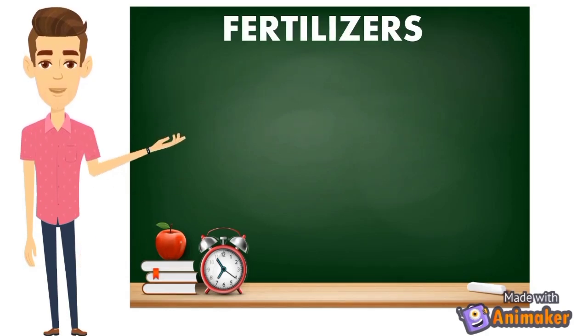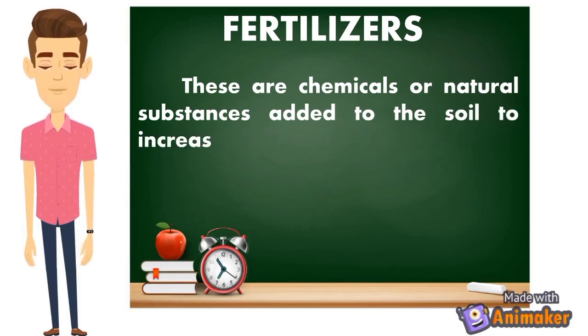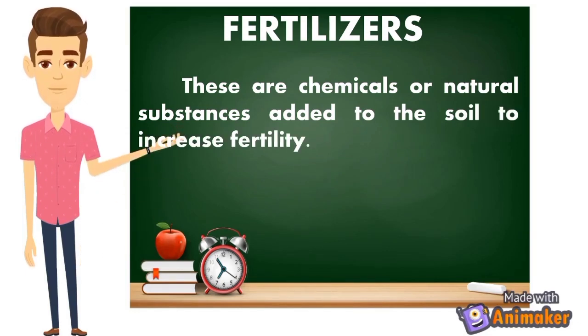So for the fertilizers, these are chemicals or natural substances added to the soil to increase fertility. So without fertilizers, possible that plants cannot survive, or possible plants can survive but they cannot produce a lot of fruits and a lot of flowers, or they can sustain growth until how many months, kasi ito yung nagbibigay ng sustansya or nutrition sa ating mga halaman.